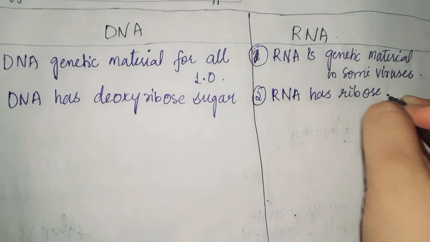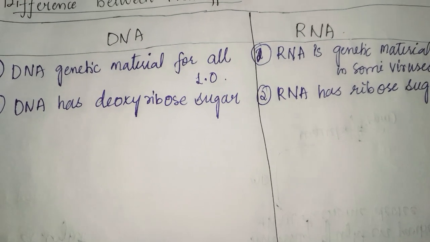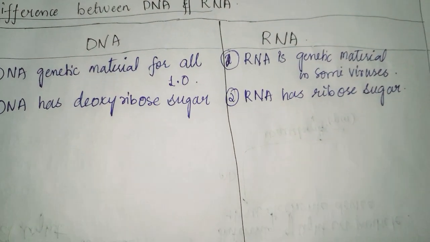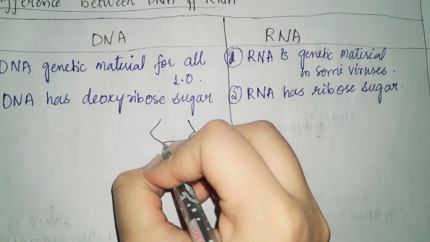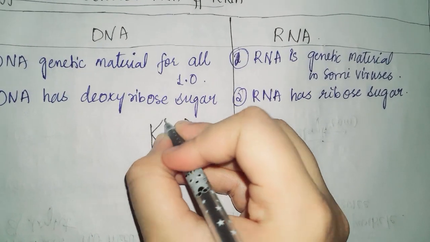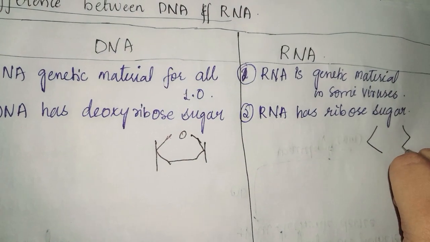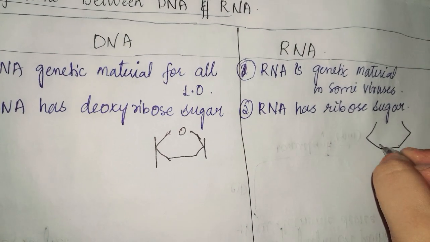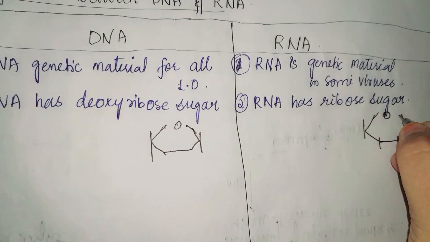Now we'll see the structure of DNA and RNA, which shows the difference between deoxyribose sugar and ribose sugar. Here we'll draw the structure of RNA and DNA. The same structure will be there, with only one difference, an oxygen difference, nothing more.